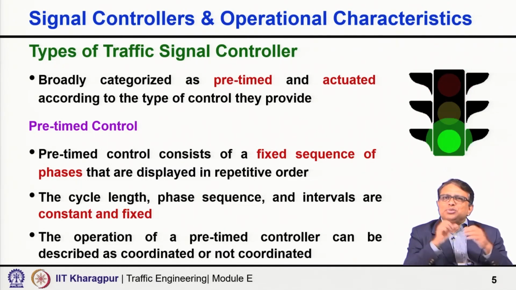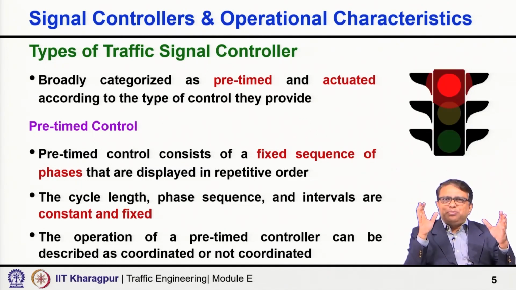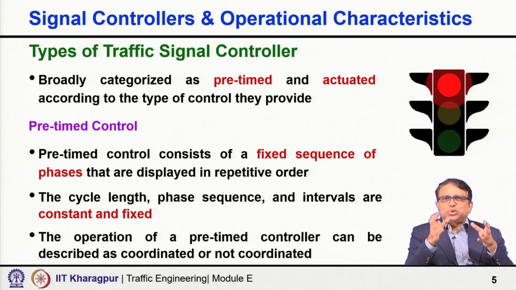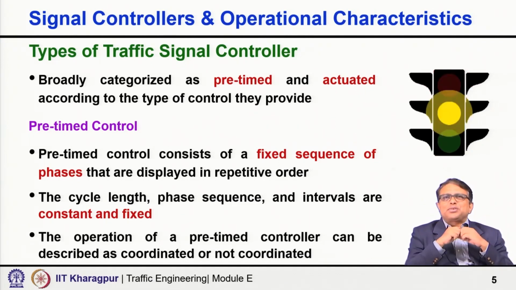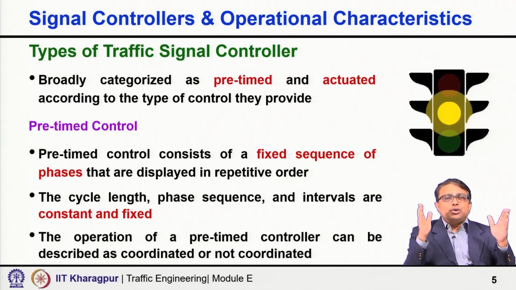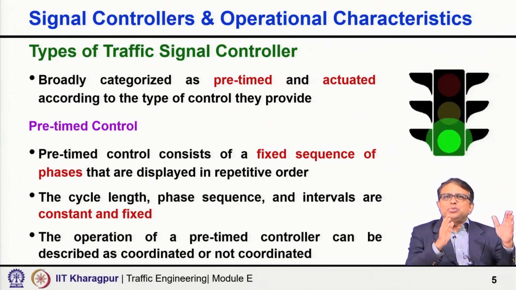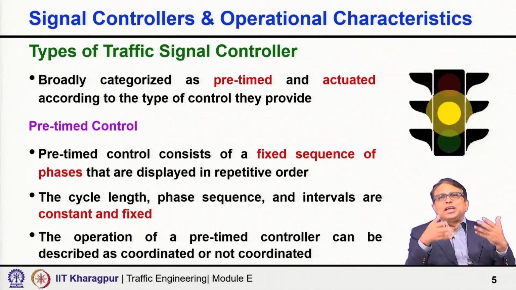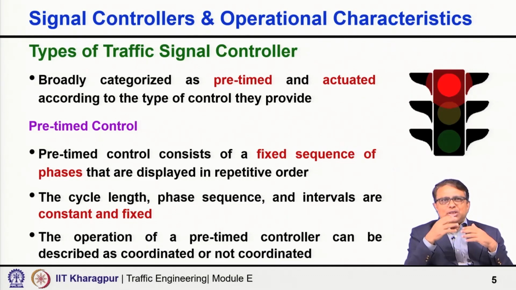The whole idea is that when signals are closely spaced and the vehicles are in a platoon that has not dispersed too much, because the spacing is not so high, the vehicles should be able to pass through subsequent signals without stopping again and again. So, that is the coordination.